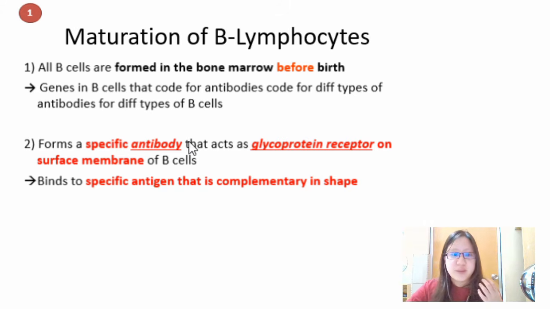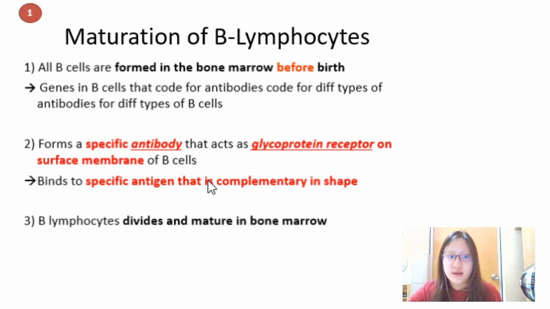And the specific antibody receptor will bind to the antigen that is complementary in shape. This gives the specific B cell its specificity. So one type of B cell has one type of antibody receptor, and can only respond and be activated by one type of antigen.